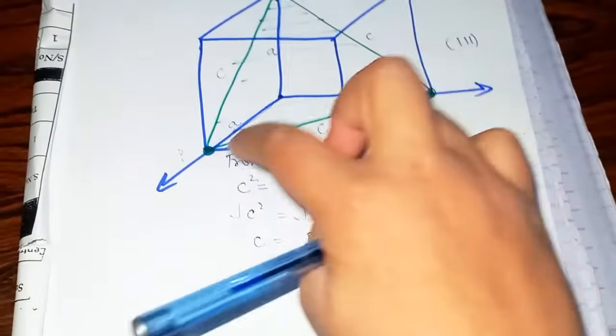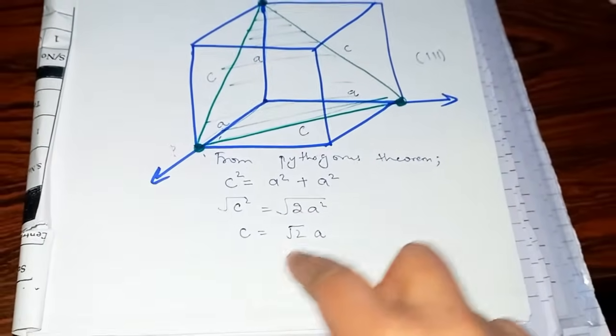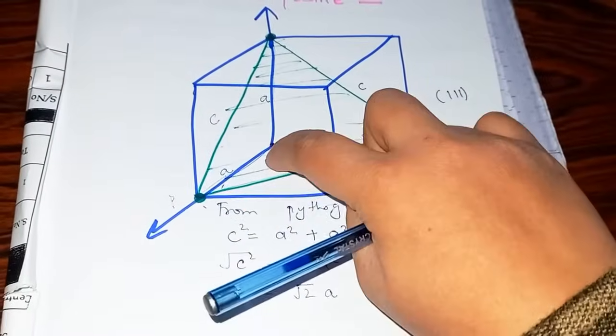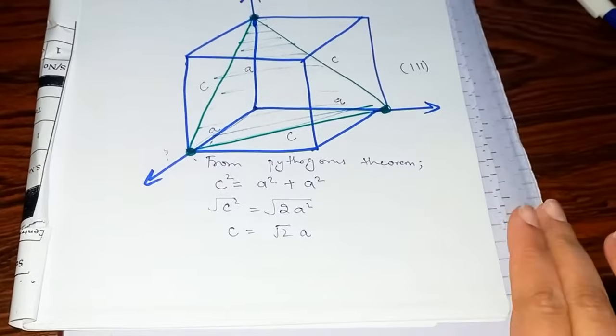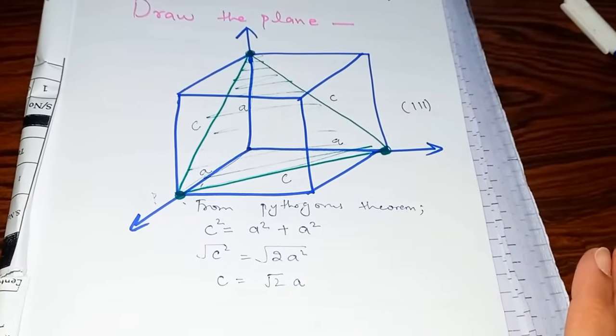This is the hypotenuse, and the same length will be obtained if we do the calculation for this side and this side as well. So all these lengths are equal to each other.